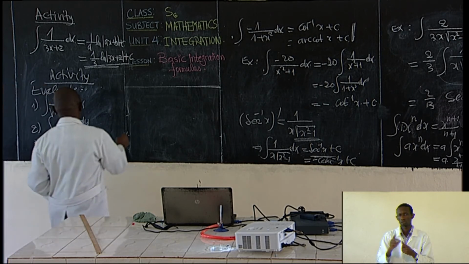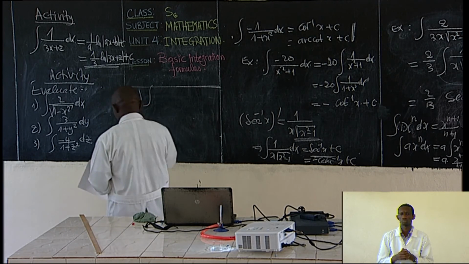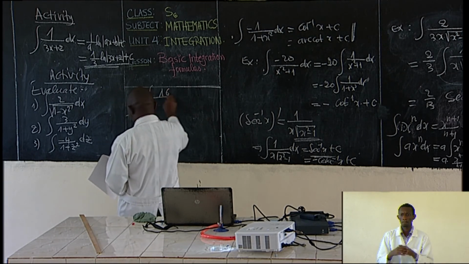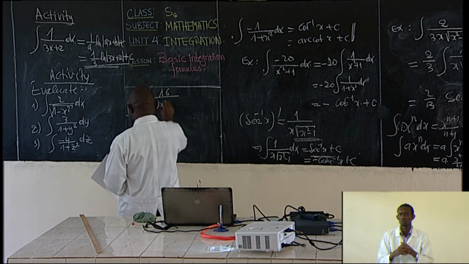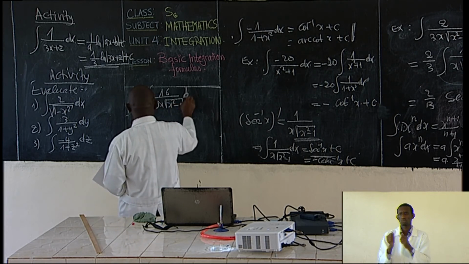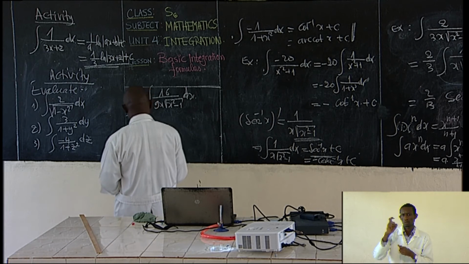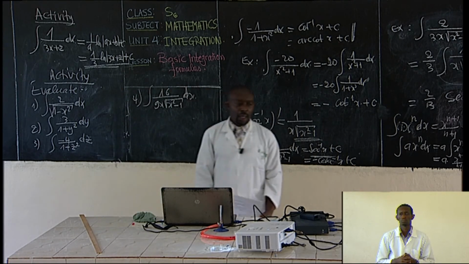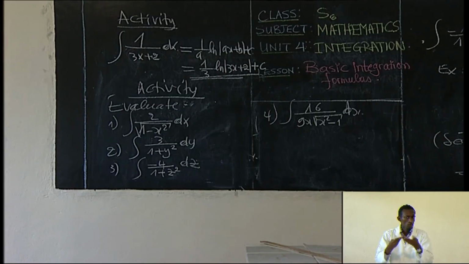And 4, integral of 16 divided by 9x square root of x squared minus 1 dx. I give you 1 minute to evaluate those integrals, right?